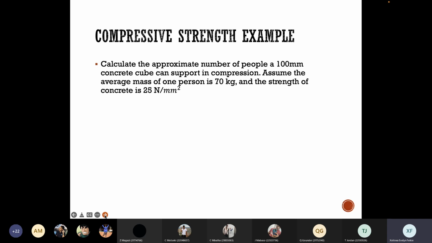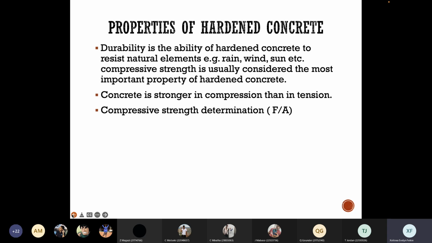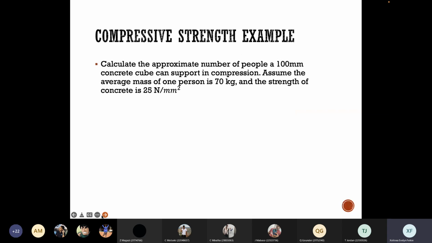Why? Because remember, previous slide, we said that we're dealing with the compressive strength, and we understand that concrete is strong in compression, but weak in tension. And then we come back and say, calculate the approximate number of people. They don't say determine the compressive strength.